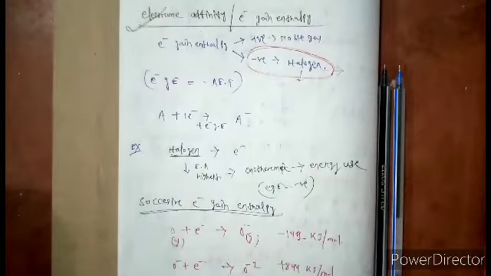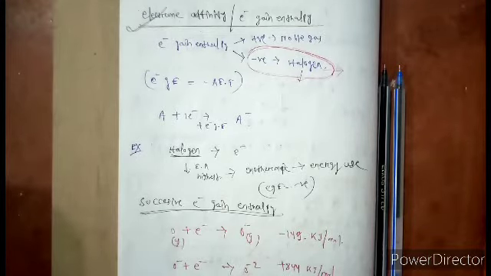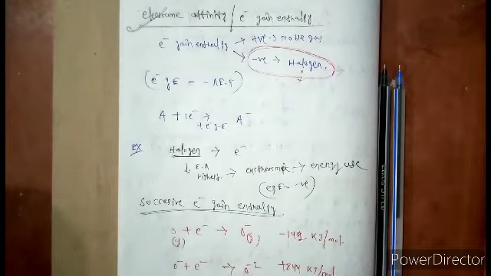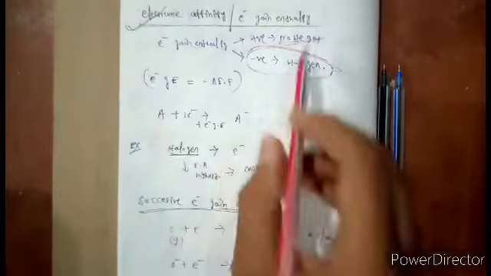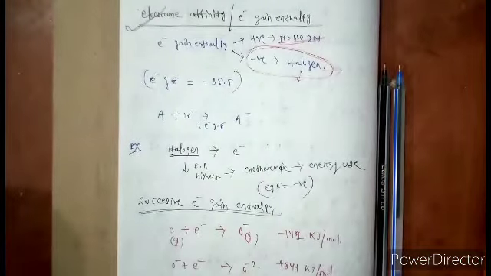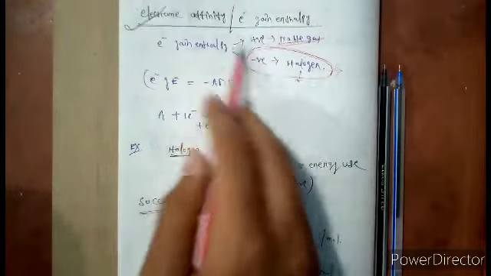So the halogen's electron affinity is the highest. So they release energy, because their electron gain enthalpy is negative. But noble gases are already octet, so they have no tendency to acquire any electron, so they have positive electron gain enthalpy.